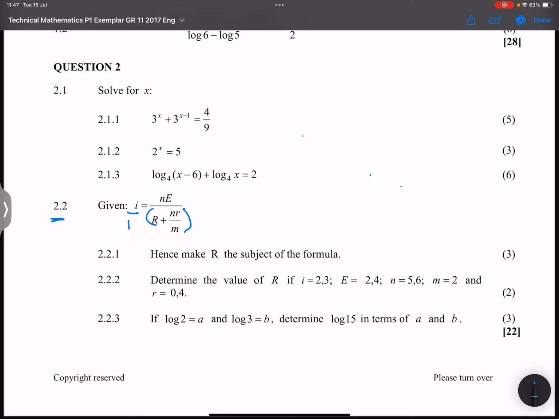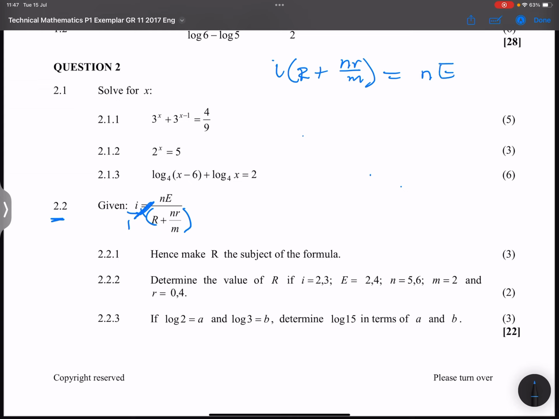So what do I need to do? I need to make sure that I cross multiply. So I have I into R plus NR over M, and this is equal to 1 multiplied by NE, and that is NE.